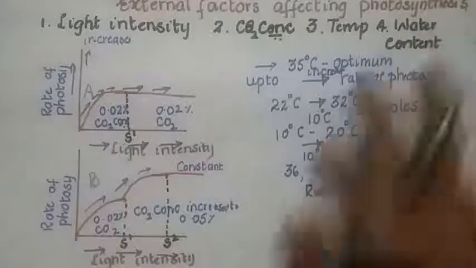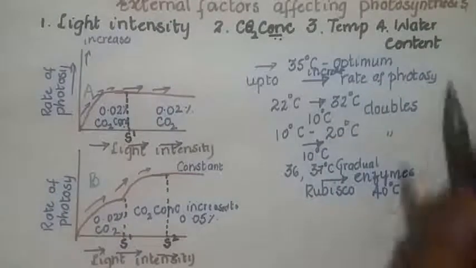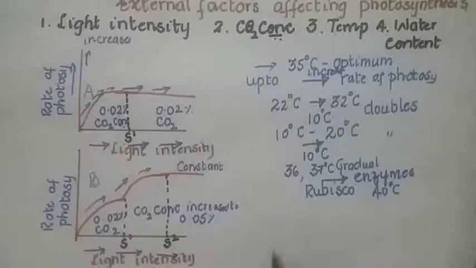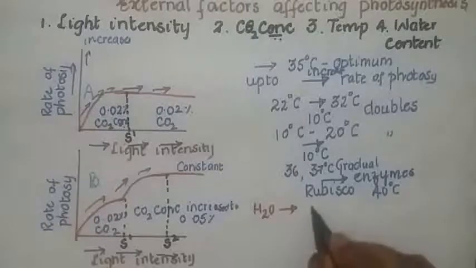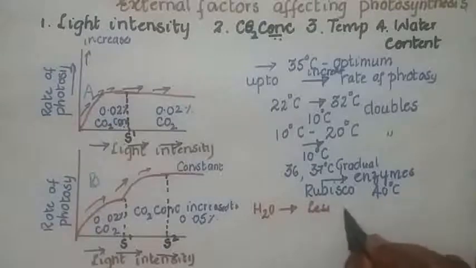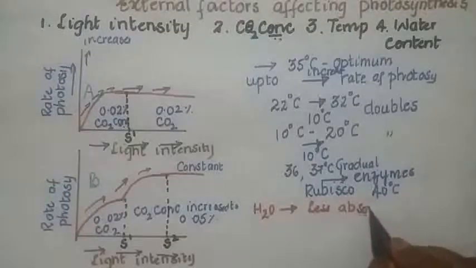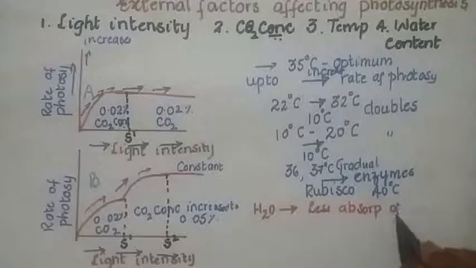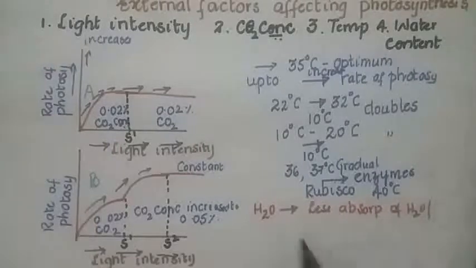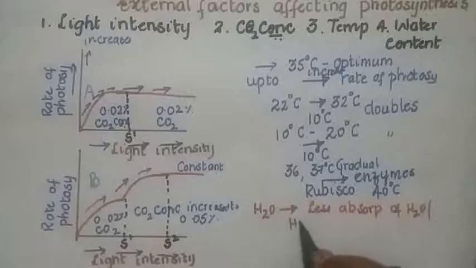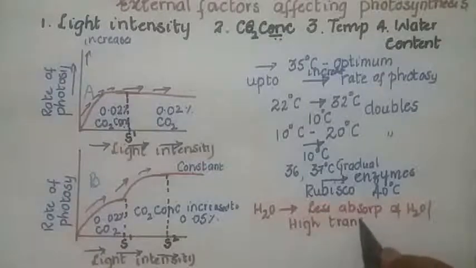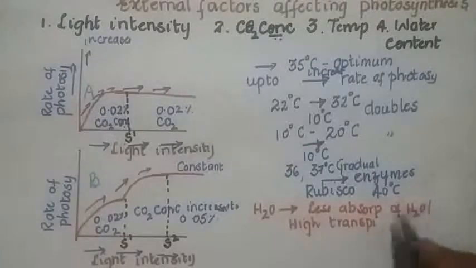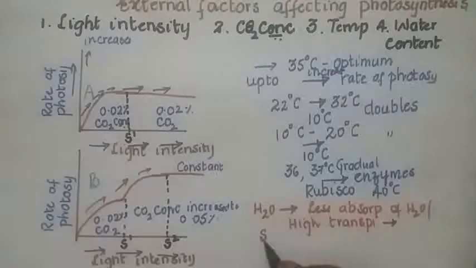Fine. Moving on to the next factor, that is water content. In case there is less absorption of water by roots, or there is high transpiration, or the water lost by transpiration is very high, this leads to scarcity of water in the plants.